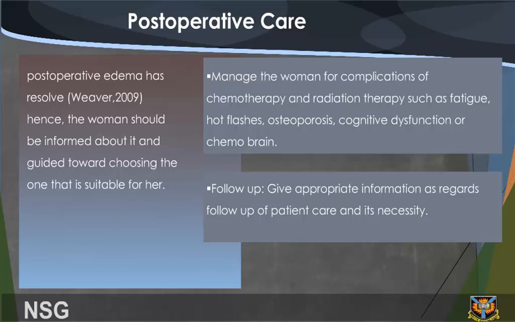Manage the woman for complications of chemotherapy and radiation therapy, such as fatigue, hot flashes, osteoporosis, cognitive dysfunction, or chemobrain. Follow-up. Give appropriate information as regards follow-up of patient care and its necessity.